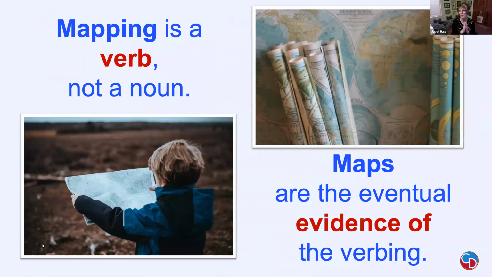We just want to start by laying the foundation that mapping is a verb. It's not a noun. While today we are definitely going to get to the level of using our binoculars to look at maps, to me, maps are the eventual evidence of all the verbing. What excites me, and what I get super stoked about, as they say, is the conversations and the dialogues that take place that eventually lead to something in writing.